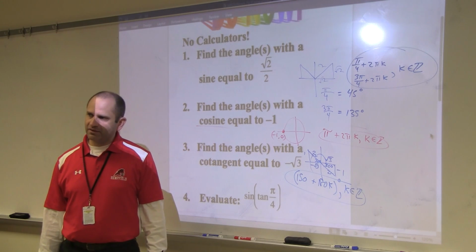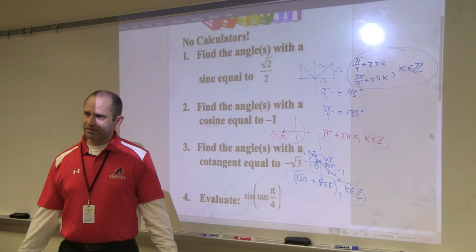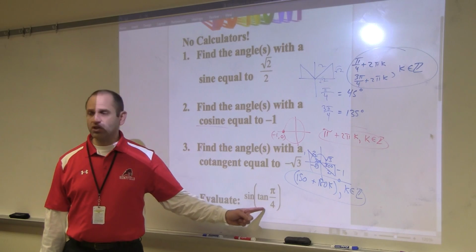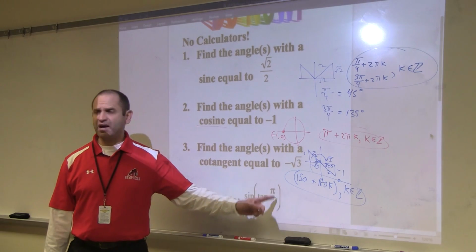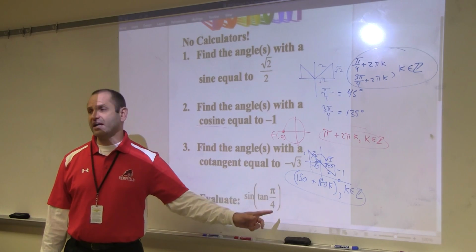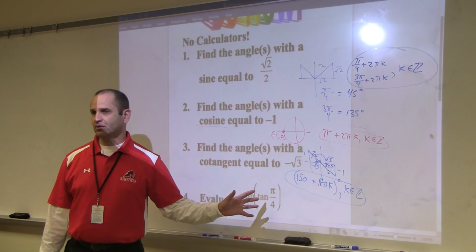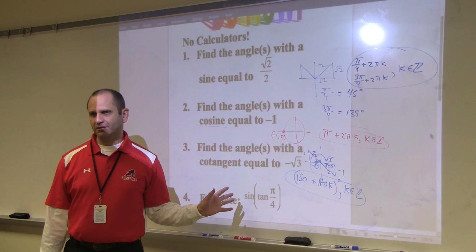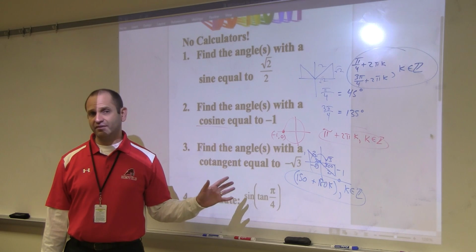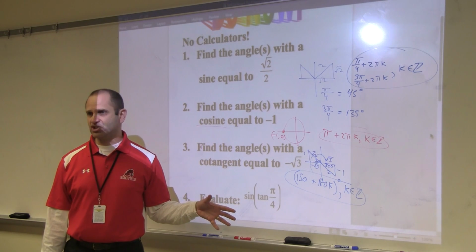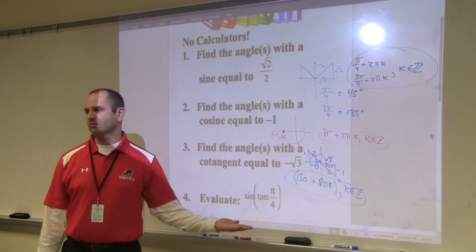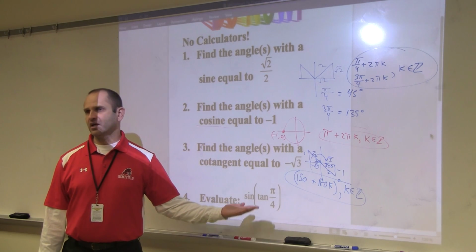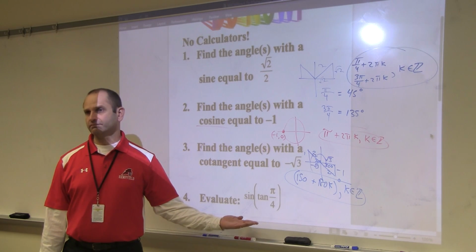No. The tangent, no, but you're on the right track. The tangent of pi over 4 is the tangent of an angle, which gives you a ratio. What do we take the sine of? We take the sine of angles, right? Not ratios. This problem is complete and utter poppycock.